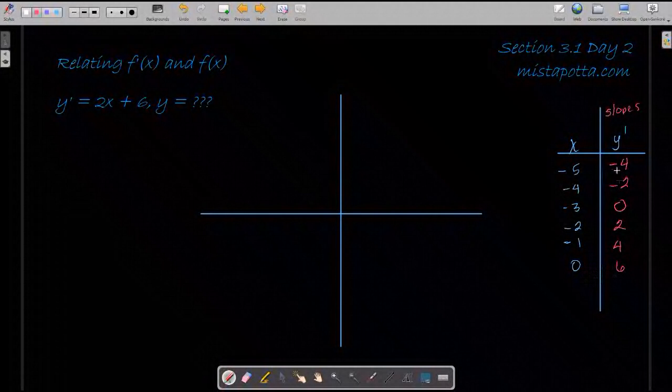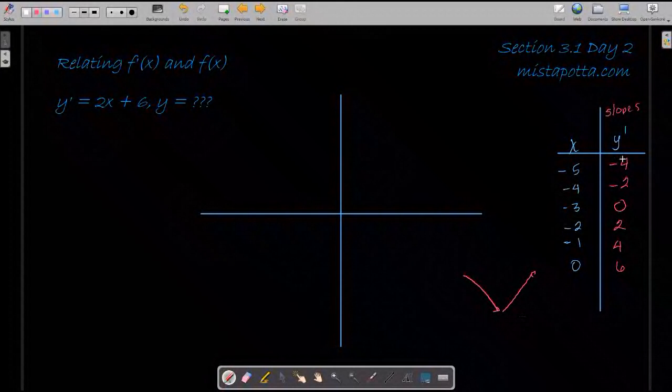And so what I notice is that as I'm heading towards negative 3, my function should be decreasing. And as I go beyond negative 3 to positive x, my function is increasing.